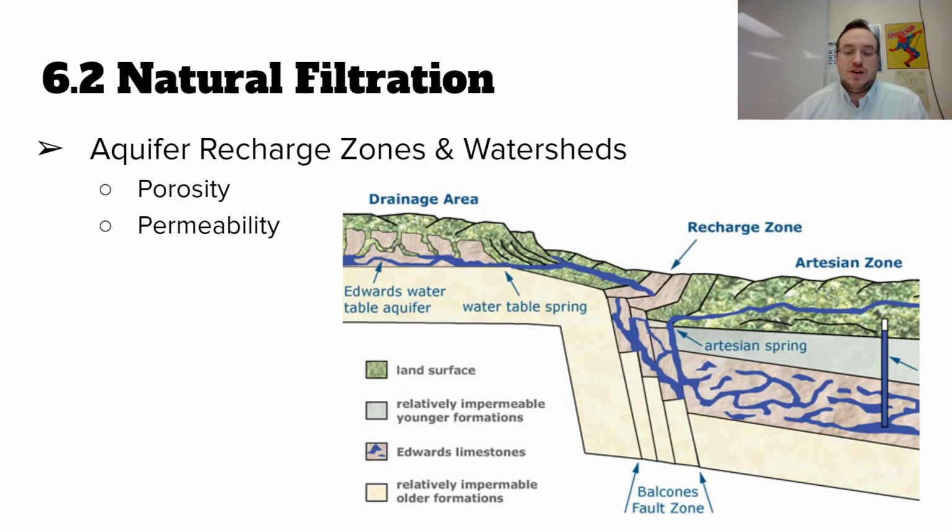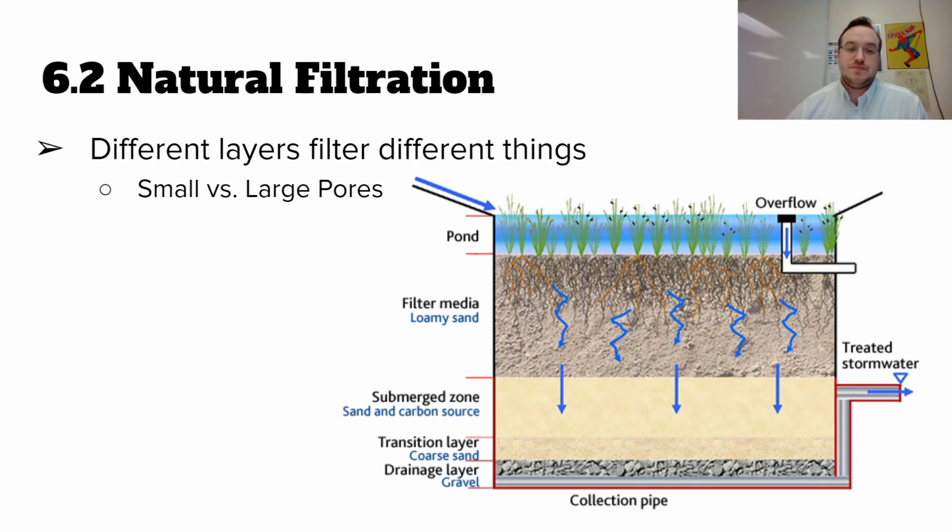And we can see that the water does seep down into the earth and it moves through a few different layers of soil and rock on its way there. We can also see springs and wells in the image as well that show humankind able to use the water from the aquifer. And different layers of a recharge zone can filter different things.